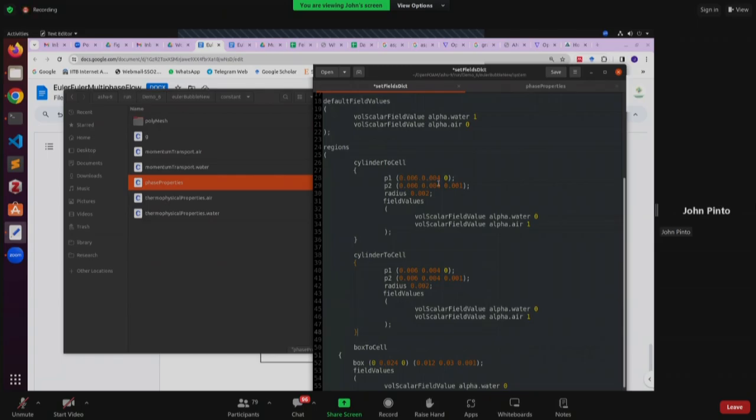The first bubble was 4 mm from the bottom and had a radius of 1 mm, so a diameter of 2 mm. I will keep that, and for the second one, maybe I'll make this 6, so I'll increase its height and give it a radius of 1. So now we have two bubbles. It was as simple as that.